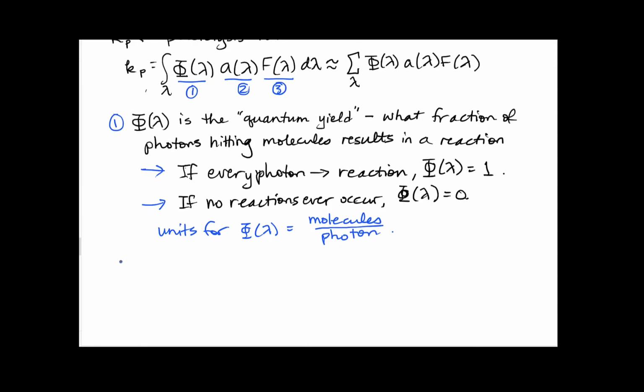Okay, so our second piece, A of lambda, if you look in the environmental chemistry book, you'll see that this is really just the absorptivity constant, the molar absorptivity. It has a little bit of different units, but it's really just the molar absorptivity from Beer's law.